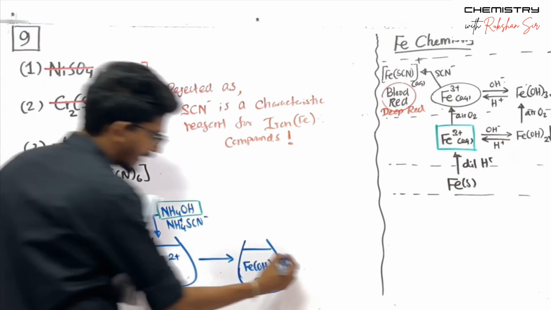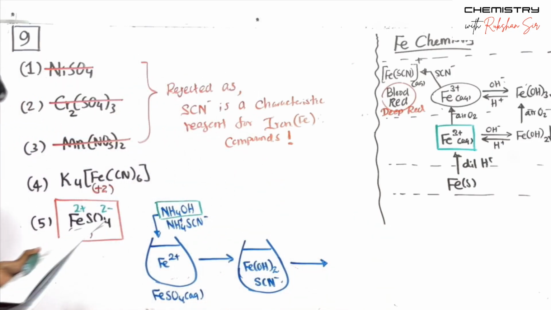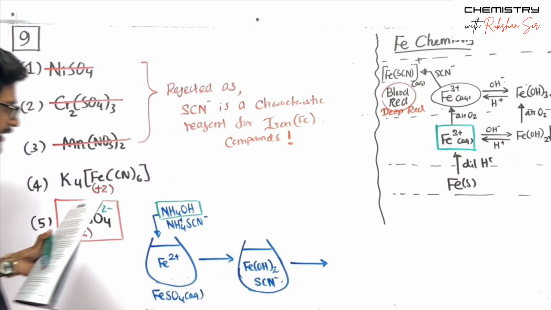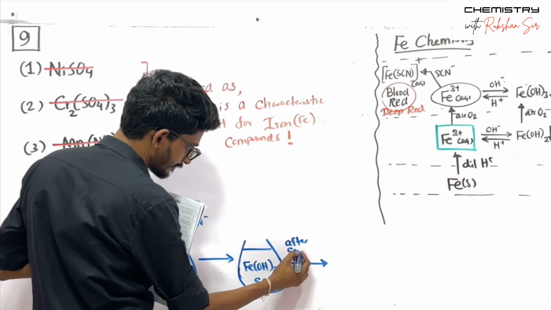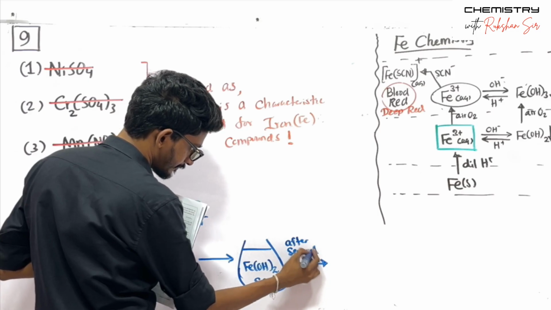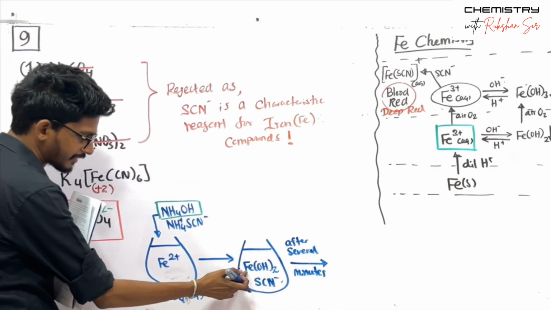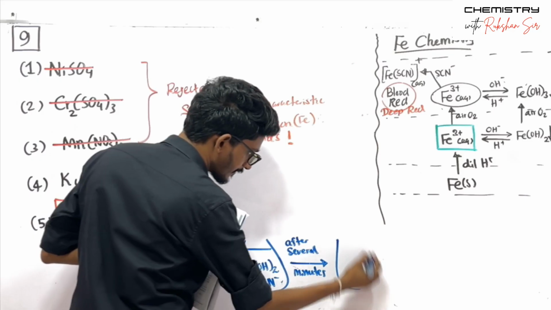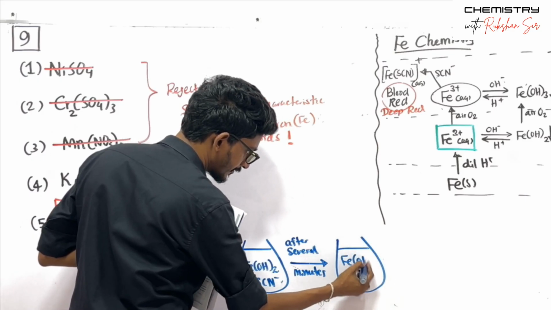And they allowed some time. They had kept some time. So they are saying that for several minutes. After several minutes, this has air oxidized. FeOH2 has air oxidized to FeOH3.